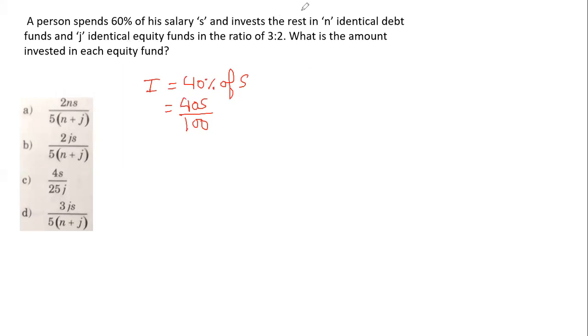Now when I read further, invest where? Invest in N identical debt funds and J identical equity funds in the ratio of 3:2. That means the money that I invested on two portions, I invested on debt funds and I invested on equity funds in the ratio of 3:2.